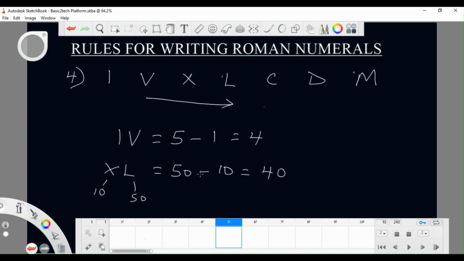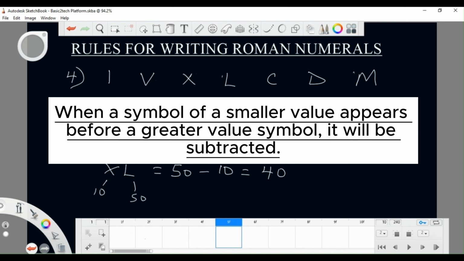All right, that is our rule number 4. So for emphasis, when a symbol of smaller value appears before a greater value symbol, it will be subtracted.